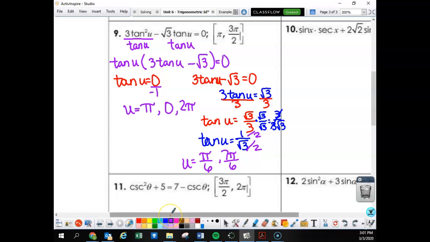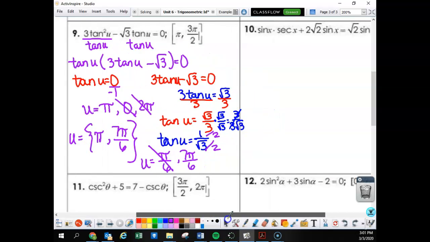So my solutions are going to be, because these are brackets, meaning they're included, u is going to include pi. And then 0 is not, 2 pi is not, pi over 6 is not, 7 pi over 6 is. So my two solutions are pi and 7 pi over 6.